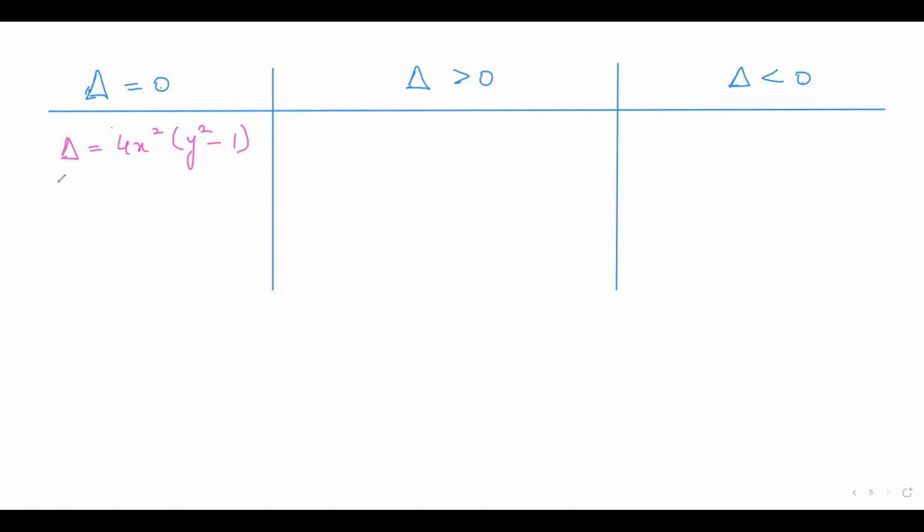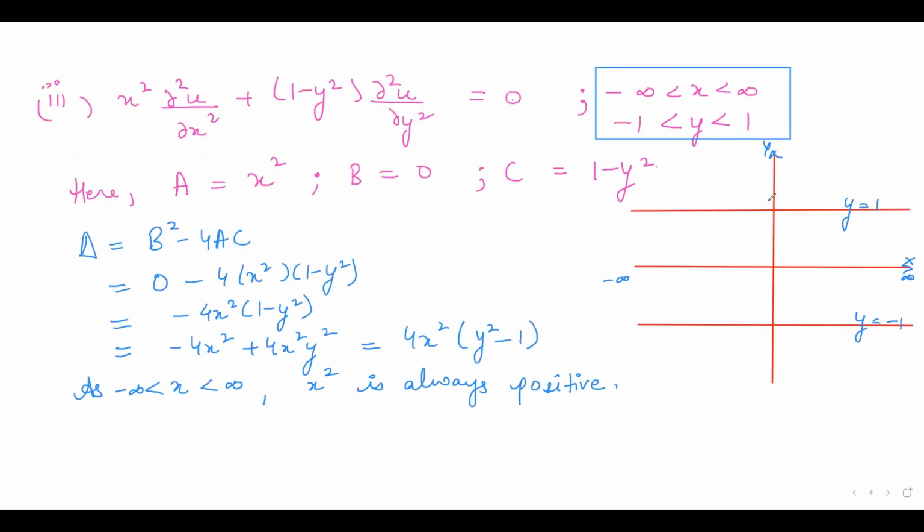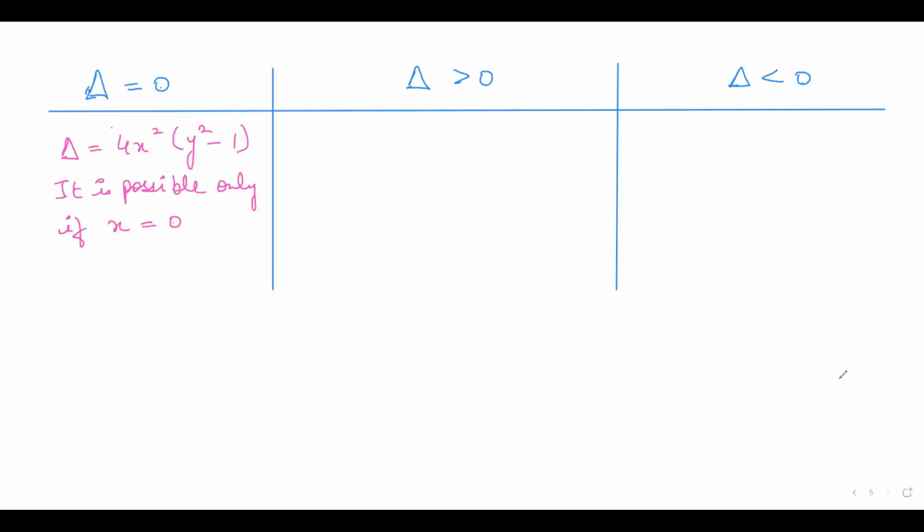So it is possible only if x is equal to 0, because y cannot be equal to 1 or minus 1, because where we are talking about the range, it is strict inequality, right? So we can't take y to be equal to 1 or minus 1. So it is possible only if x is equal to 0. So we'll be getting discriminant equal to 0.